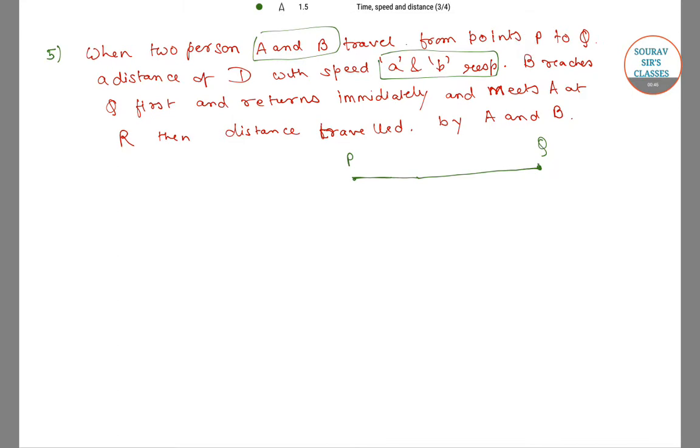Now B has reached Q first and then returned immediately and meets A at point R. So suppose this is point R. So the distance travelled by A, or dA, is equal to PR, and the distance travelled by B, that is dB, is PQ plus QR.